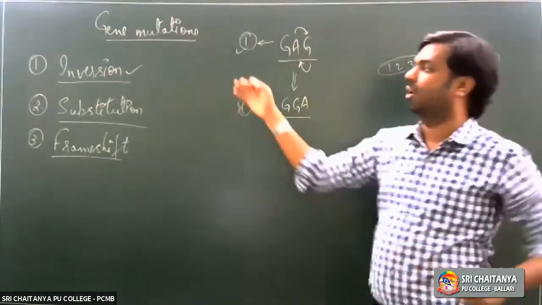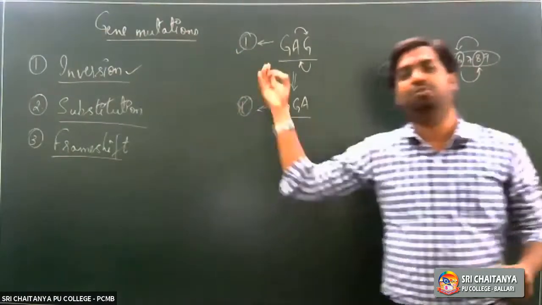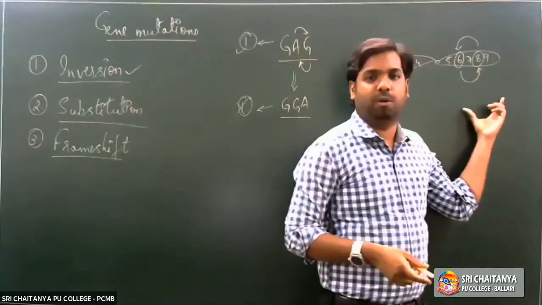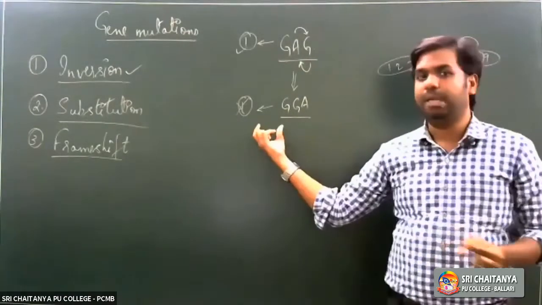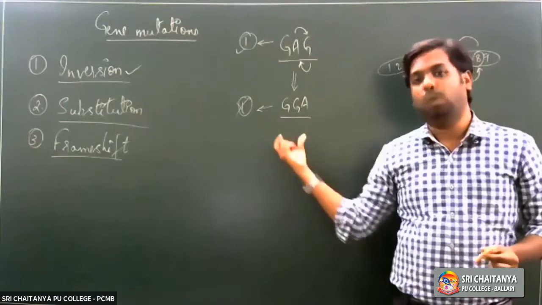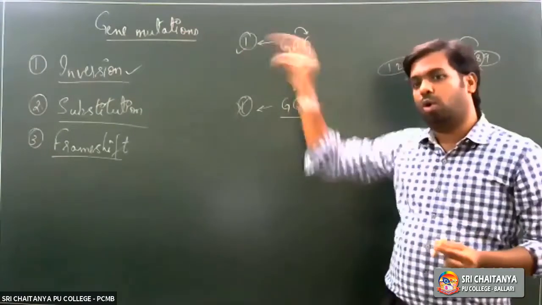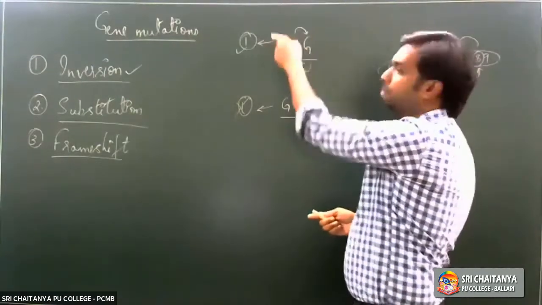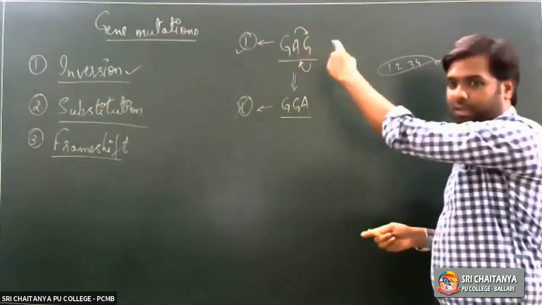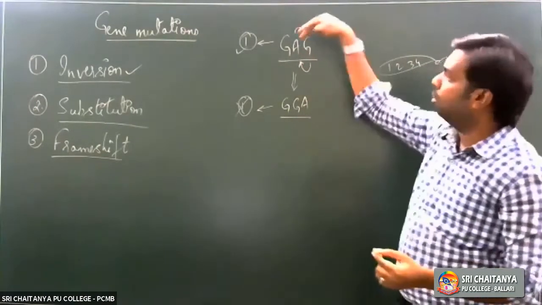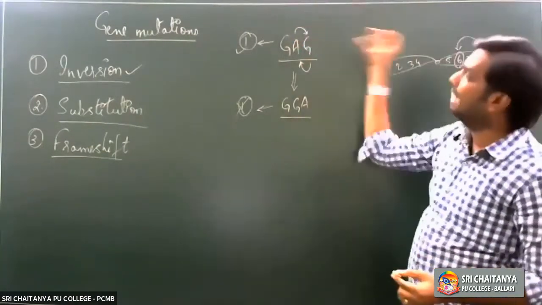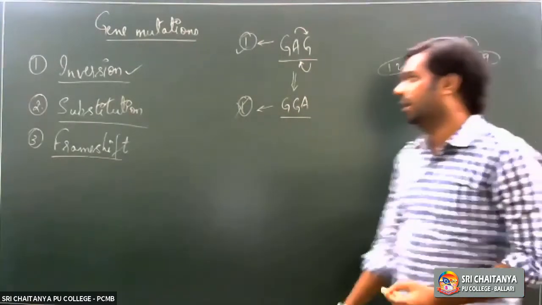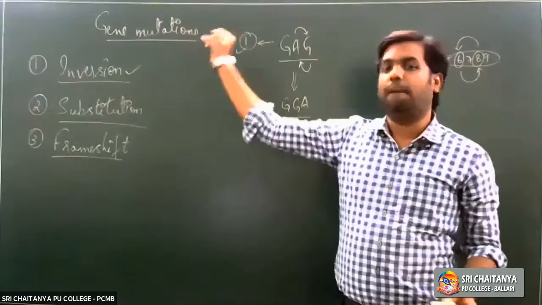So that is what we call inversion type of gene mutation. The earlier one is the inversion type of chromosomal mutation, and here it is the inversion type of gene mutation, where the two nitrogen bases get inverted in their positions. They flip over 180 degrees, so there is a change in their positions happening.